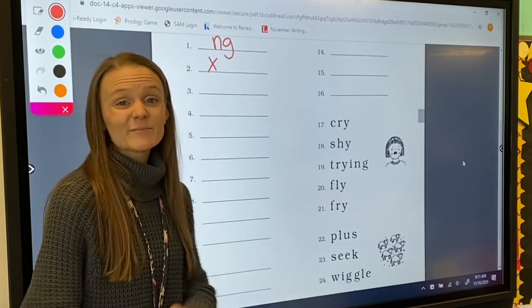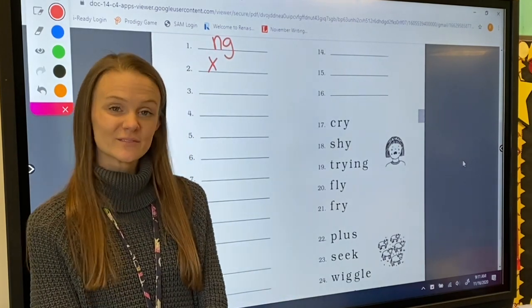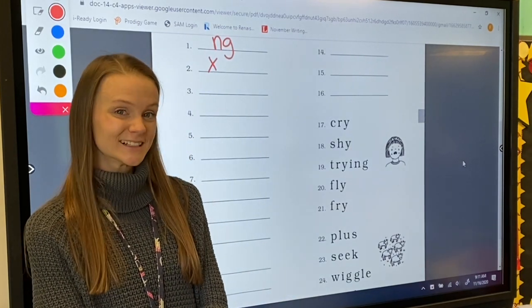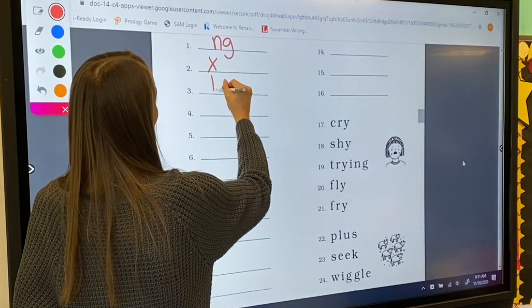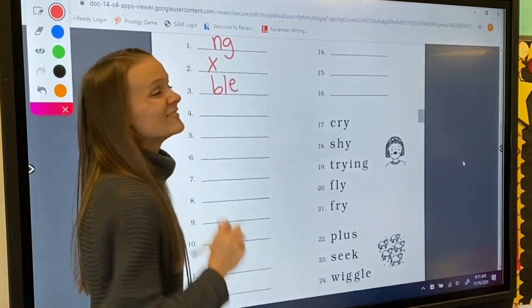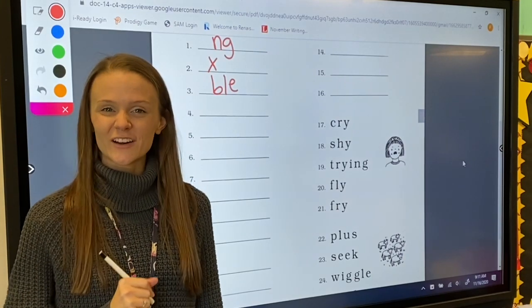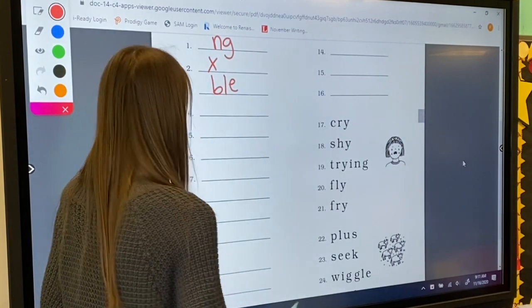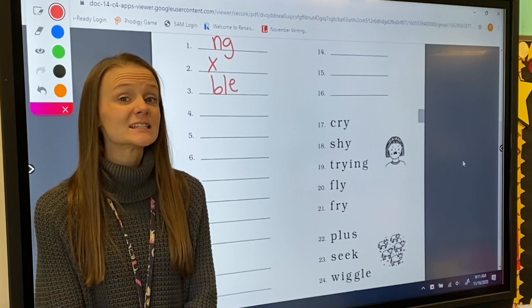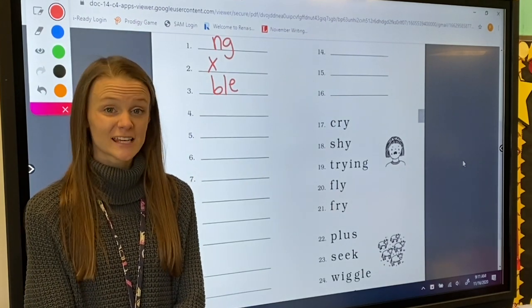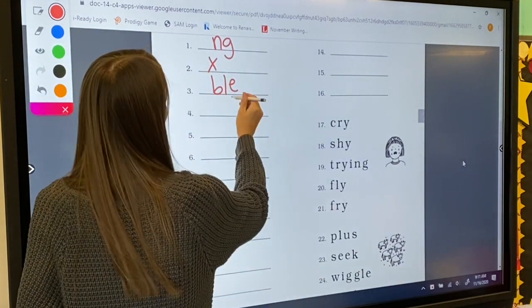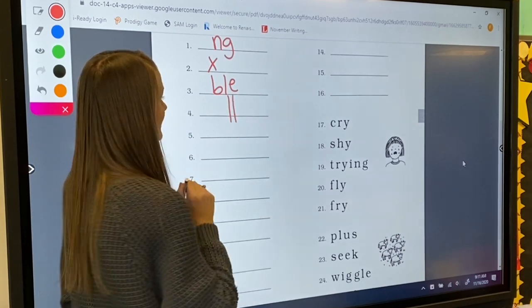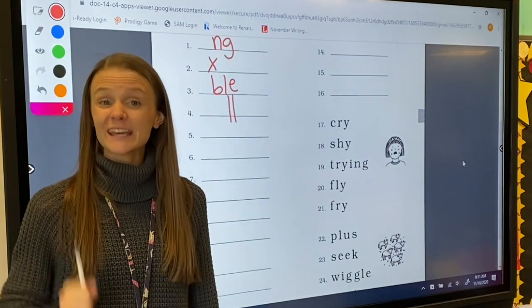Number 3, my letter sound is bull. That's that B-L-E final stable syllable we learned last week. For number 4, my letter sound is t. So I'm going to divide my line in 2 parts and write what I hear at the beginning of a word.